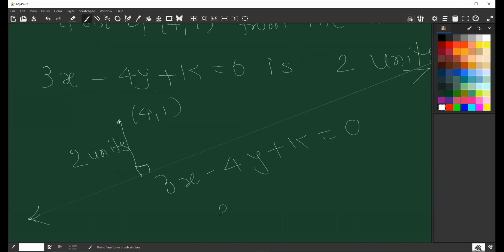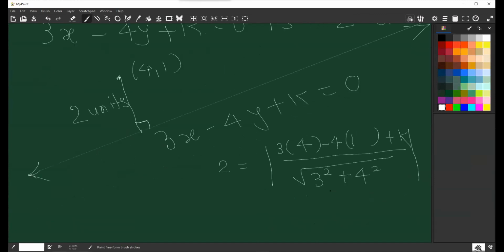See, distance is 2, which is equal to mod of ax1 plus by1 plus c upon root of a square plus b square. So point here x1 and y1, which is your 4 and 1.